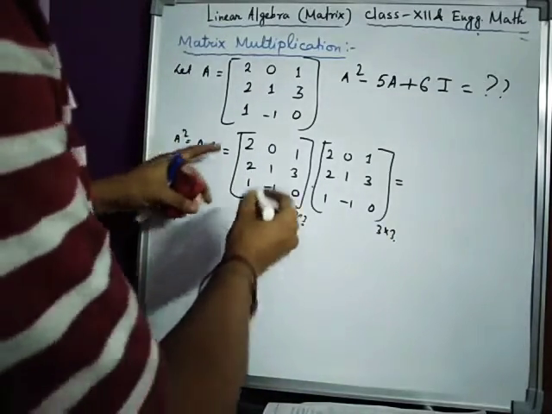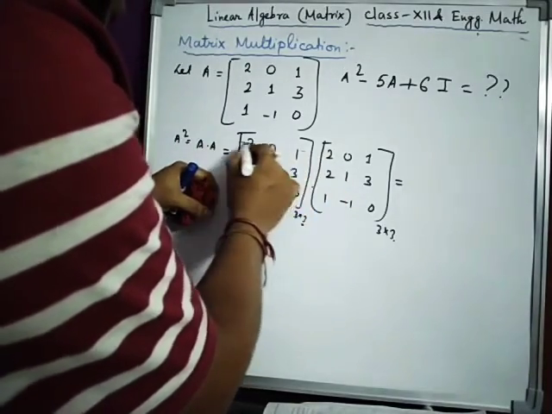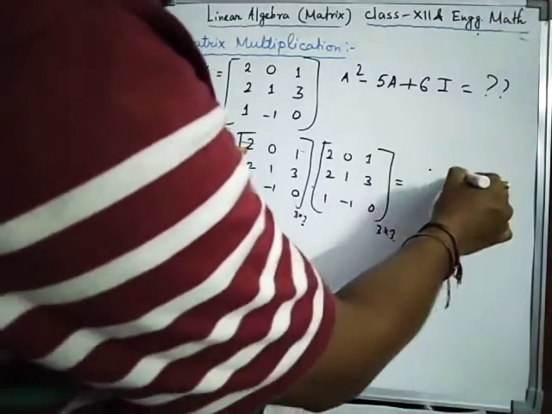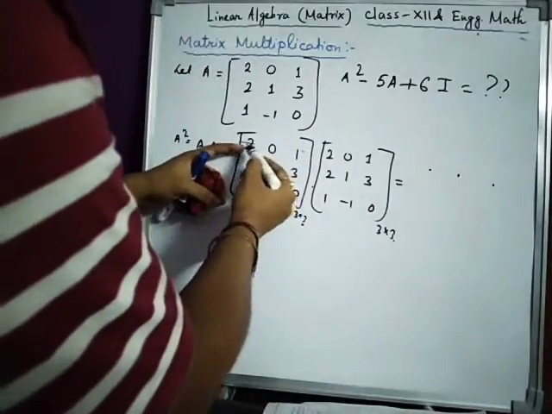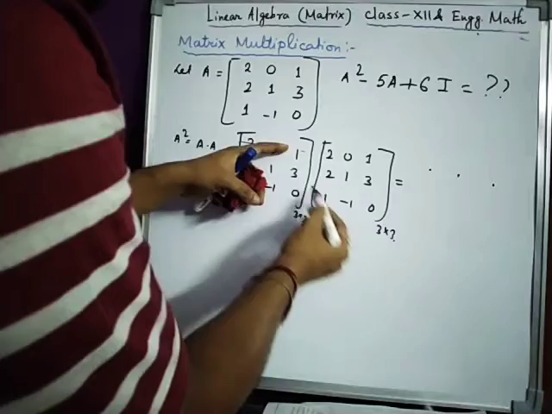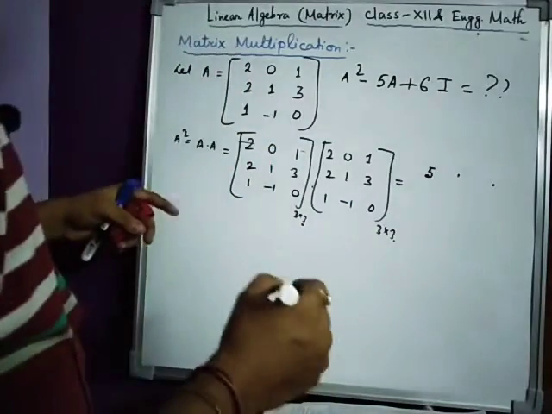Okay, now you can see here, 2 into 2, how to multiply. This into this will be the first digit, this into this will be the second, this into the last one is the third, in this way. So 2 into 2 is 4 plus 2 into 0 is 0 plus 1 into 1, so 4 plus 1 is 5. I am doing it directly.